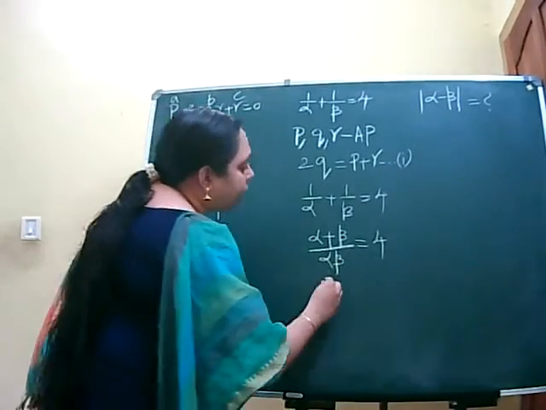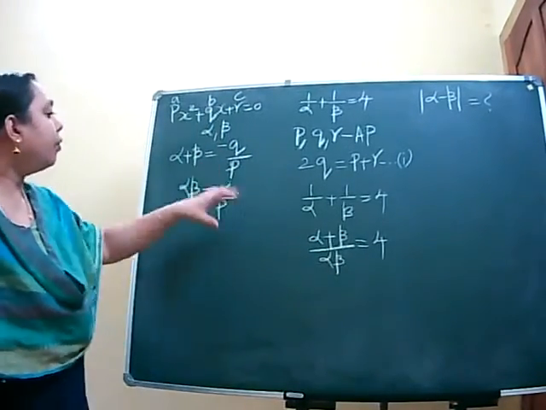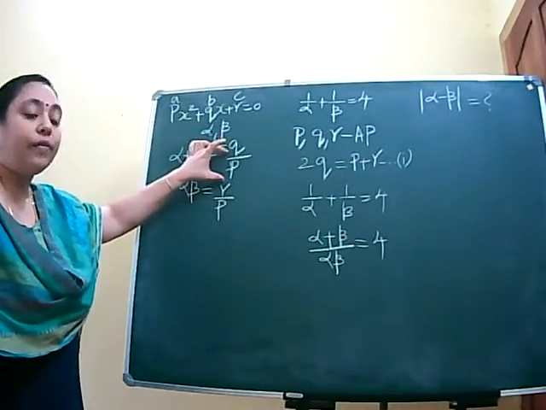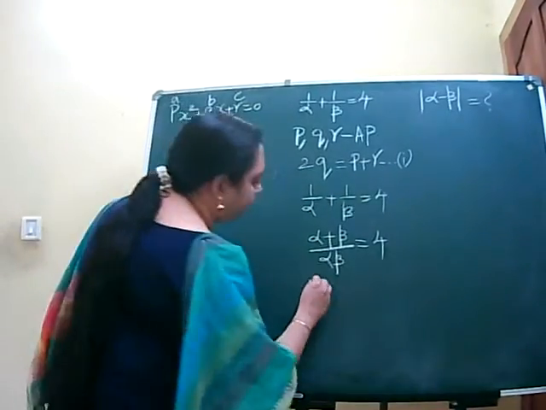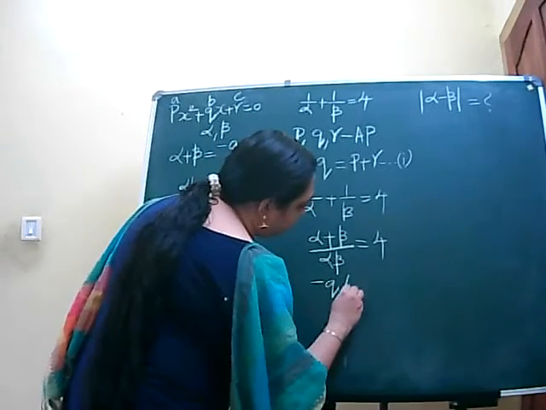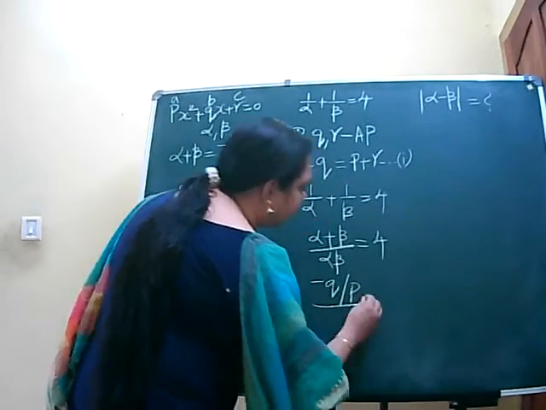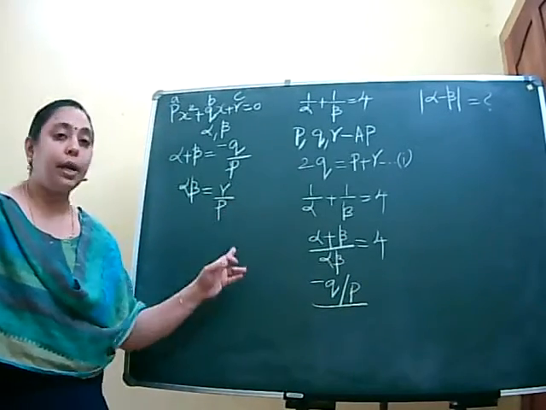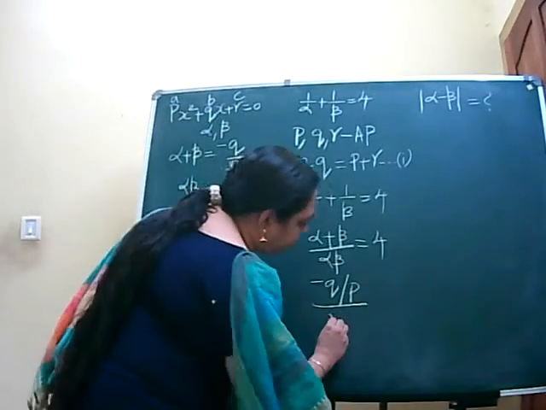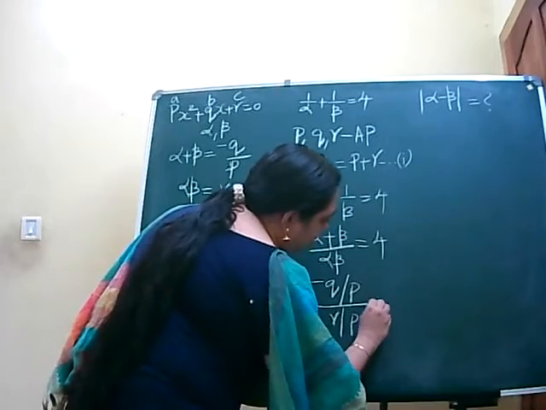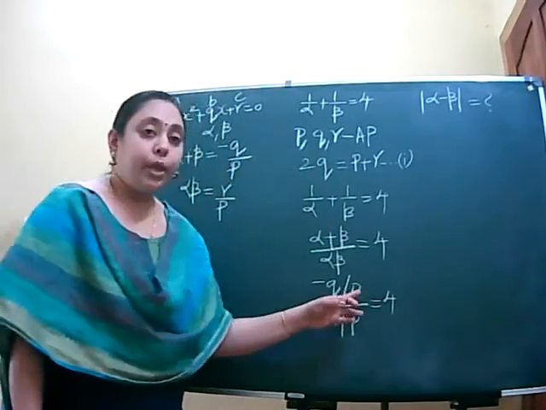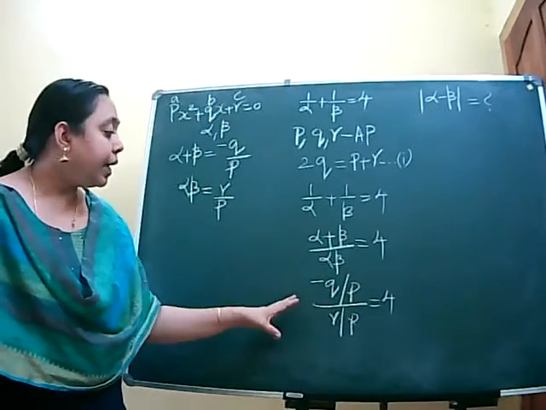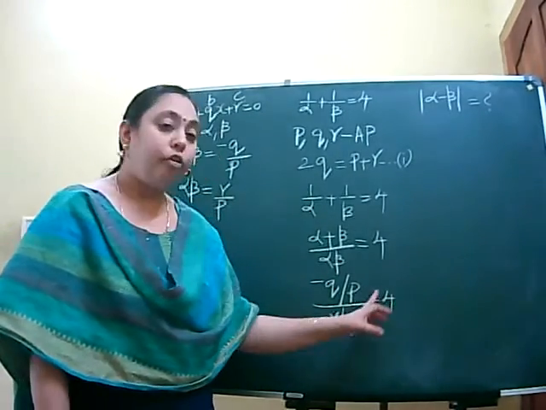Here alpha plus beta is minus q divided by p, and alpha beta is r divided by p. Then p gets cancelled, and this becomes minus q is equal to 4r.